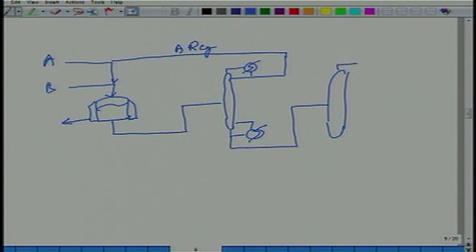B is the heaviest, so C will go up the top, B will go down the bottoms, and it is also recycled. So how do we recycle it?